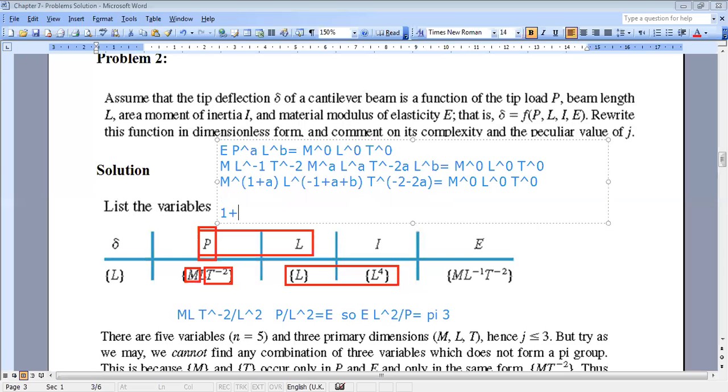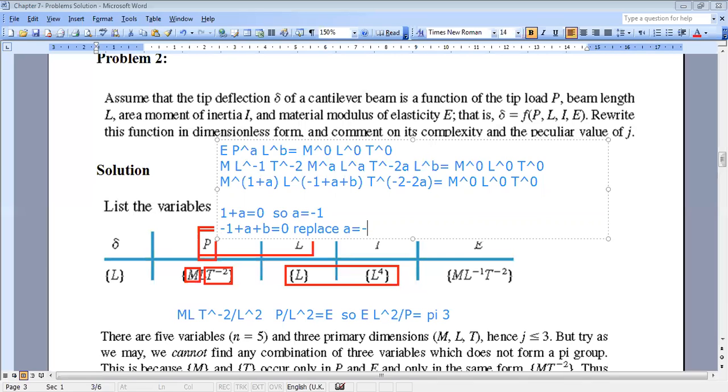So the first equation is 1 plus a equals 0, so a is equal to minus 1. The second equation is minus 1 plus a plus b equals 0. And if you replace a by minus 1, you get that b is equal to 2.